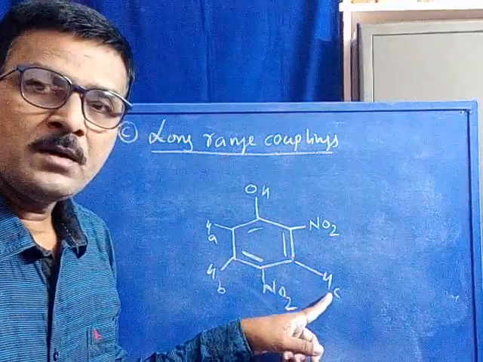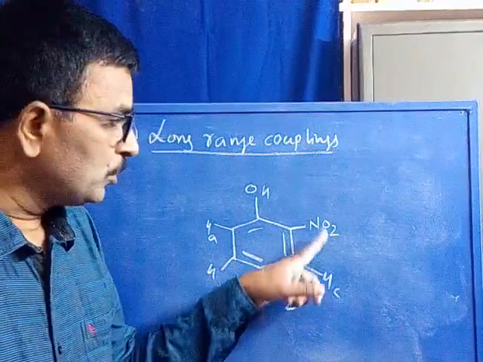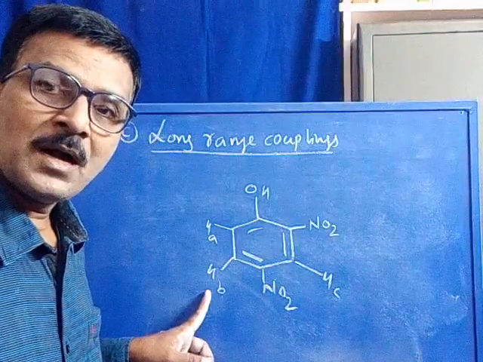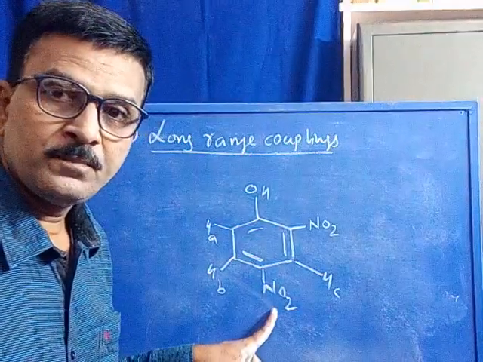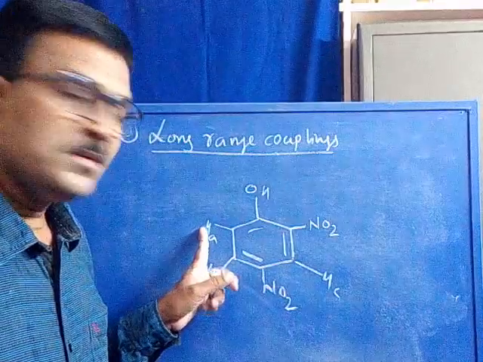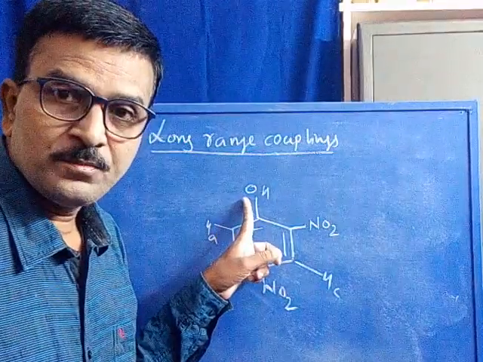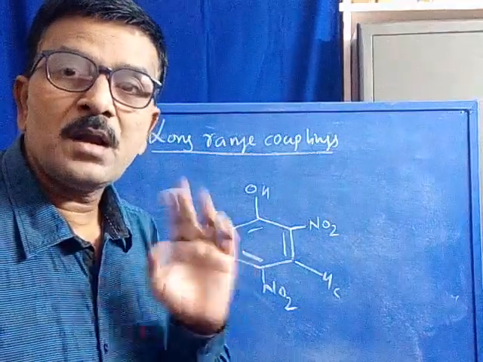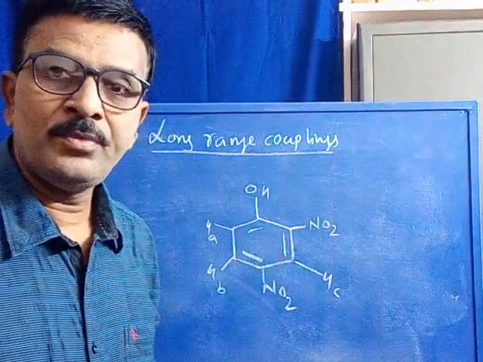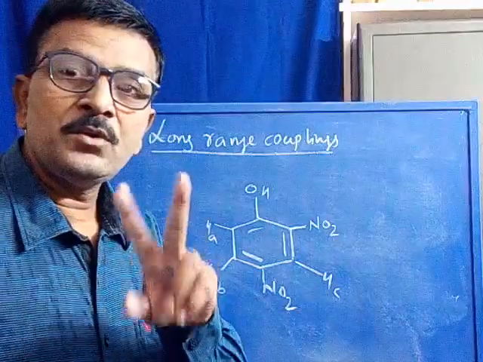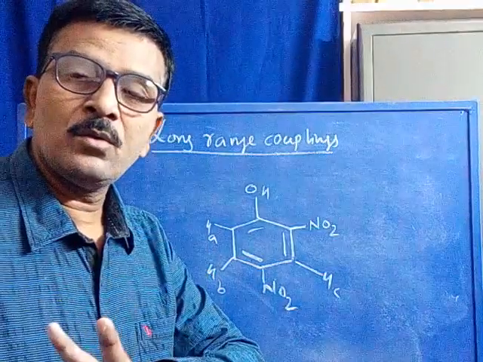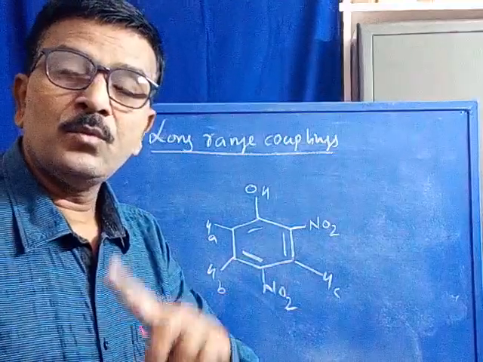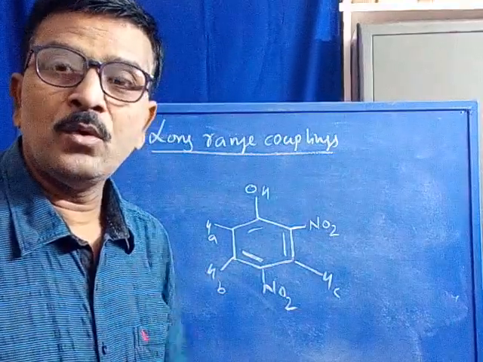The C proton is ortho to 2 NO2 groups. The B proton is ortho to 1 NO2 group. The A proton is ortho to the OH group. Therefore A, B, C protons are non-equivalent.